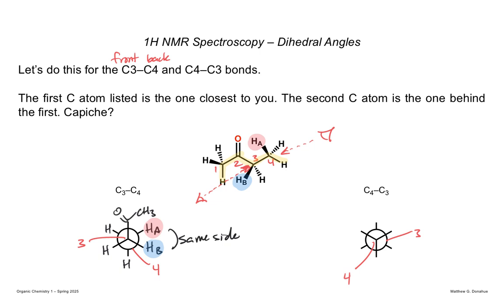So that has to point down in the Newman projection. And then HA should go where? Left or right? So it should go left.